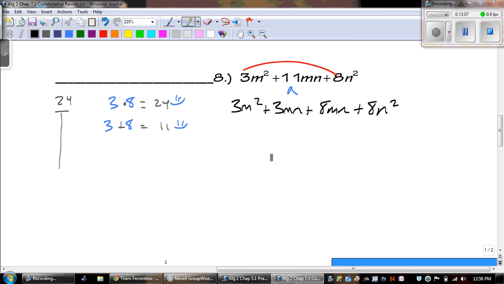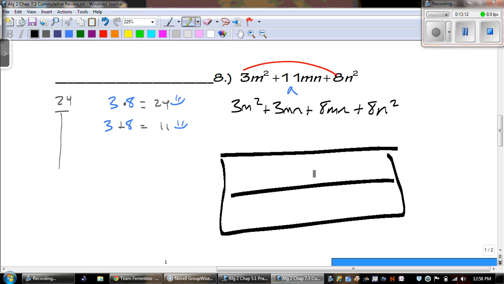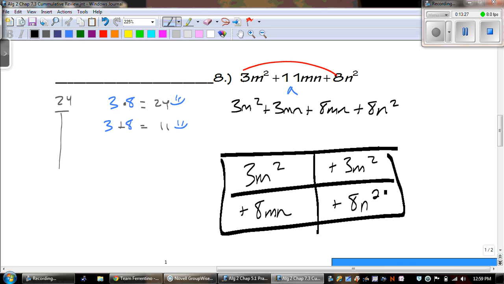Okay, is that what you guys got? Now that we split the middle term, I'm going to go ahead and do the box method. If you guys think you can do it on your own, go ahead and pause the video at any time. Okay. Factoring the top row, we can take out a 3, and they both have m's.